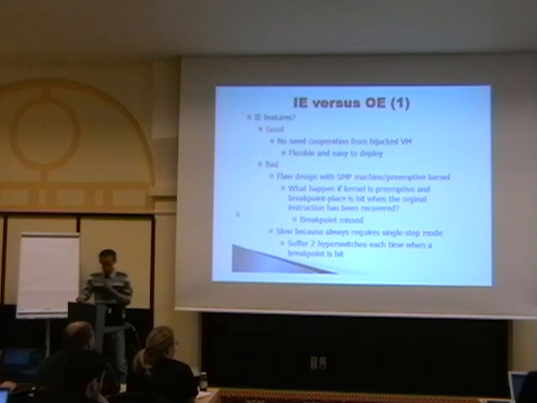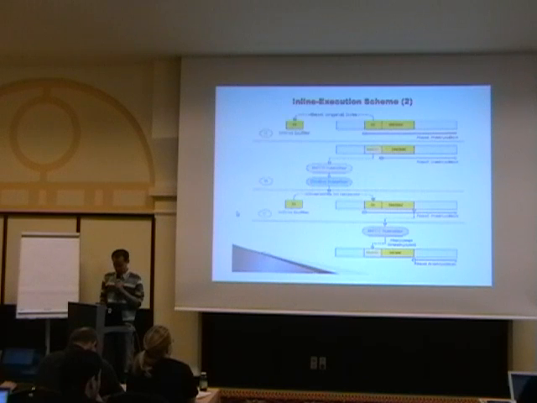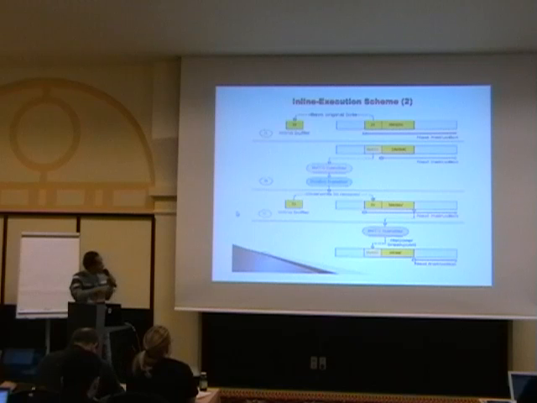But it's bad. The first bad thing is that, as you can see in the diagram here, in the inline scheme, at this step we don't have a breakpoint, right? In this step, we have a breakpoint. This step, we have a breakpoint. But this step, we don't have a breakpoint.